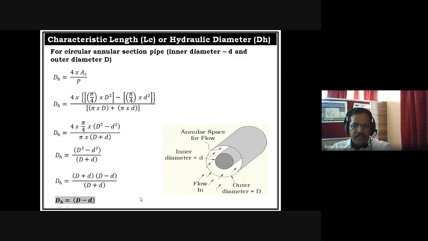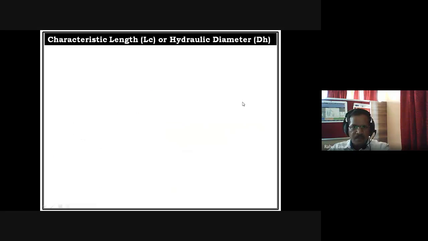On simplifying, I observe that for annular flow, hydraulic diameter is capital D minus small d. If you don't remember the final form, go with our main format: hydraulic diameter is 4 times cross section divided by wetted perimeter. But remember, wetted perimeter means the perimeter where fluid actually touches.